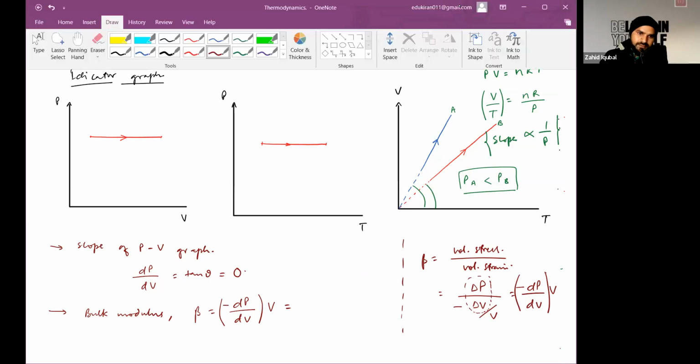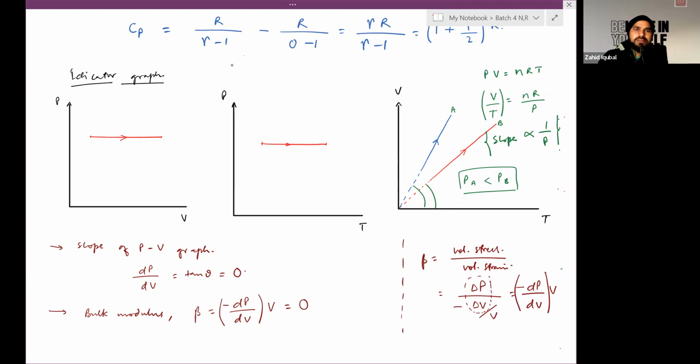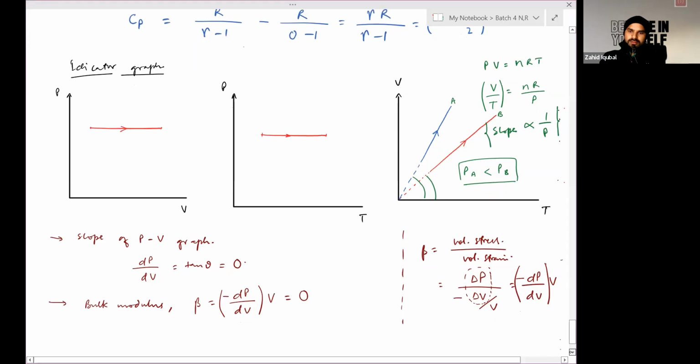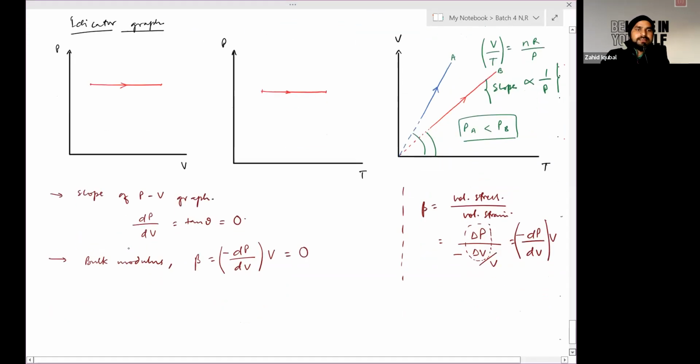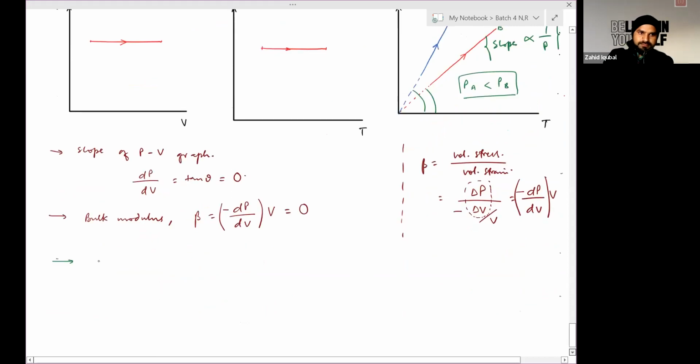Next, since dP by dV in this expression is 0, beta will be 0. It means this system will not have any elasticity. Next, work done. Work done will be equal to the area under the pressure volume graph.